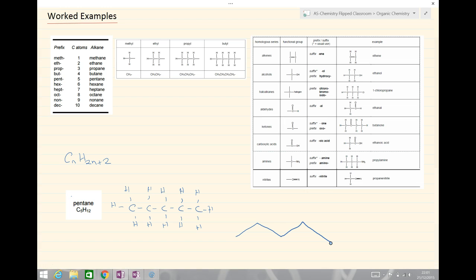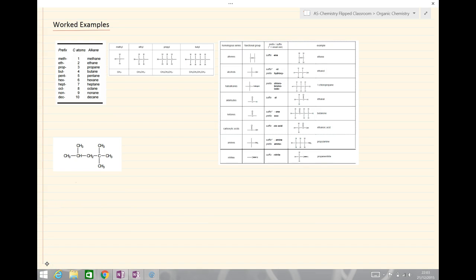We're now going to move on to some slightly more complicated looking examples. This time then we're going to look at this molecule here. And the first thing to do is to count the longest chain. So we're going to try and name this, and then we're going to draw the skeletal formula. We have 1, 2, 3, 4, 5 carbons in the longest chain.